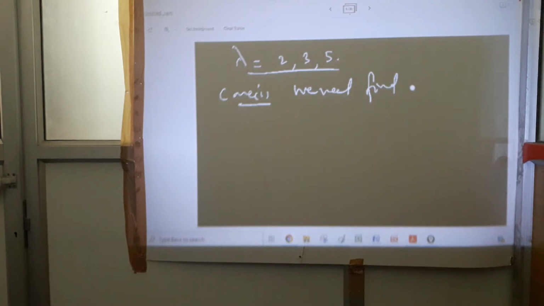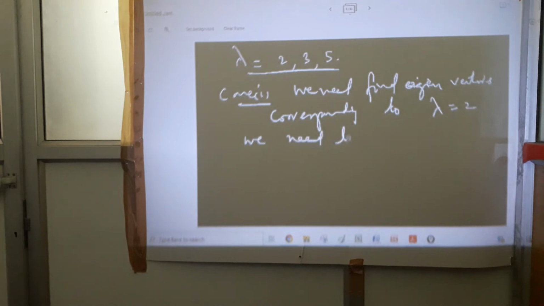To find eigenvectors corresponding to lambda equal to 2, we need to solve A minus 2I of X equal to 0.